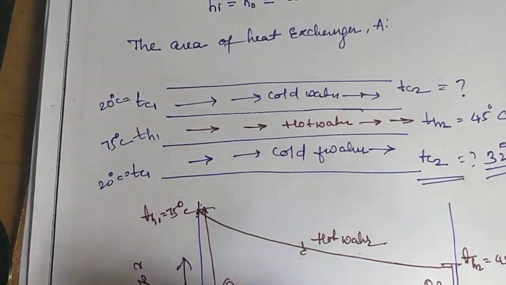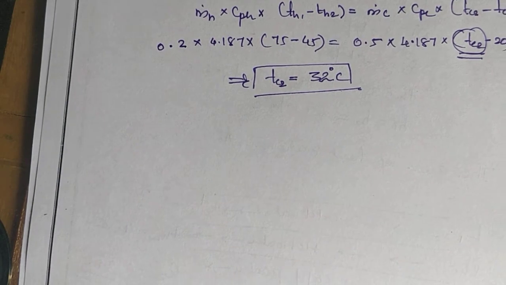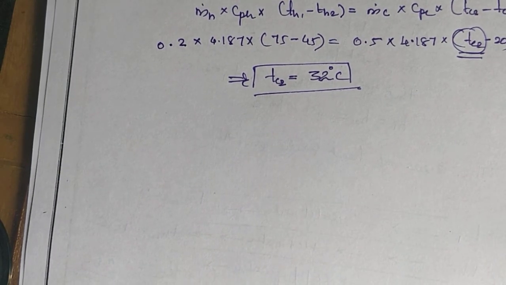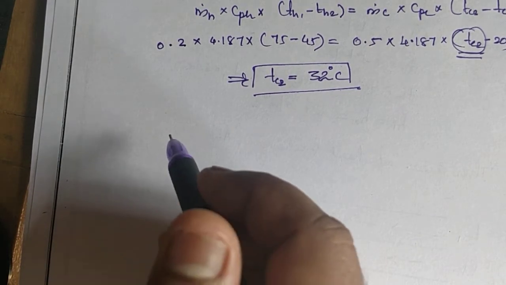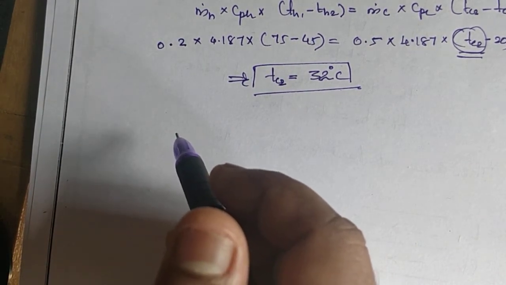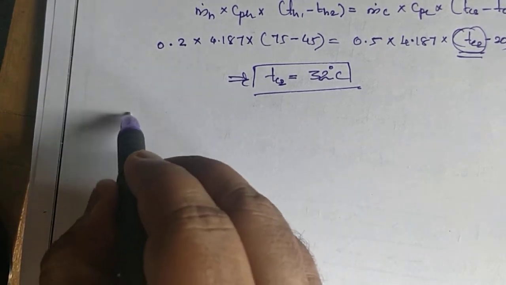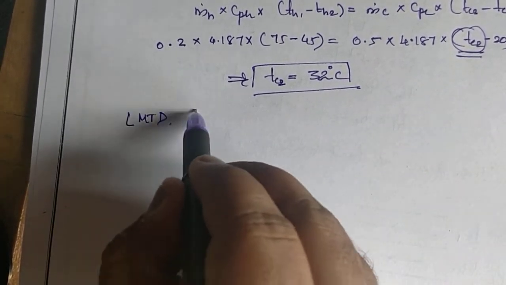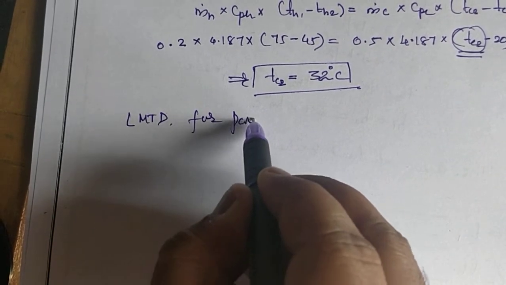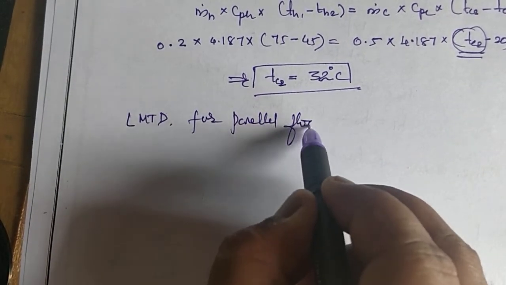Once we have this value, now we find the LMTD for parallel flow.